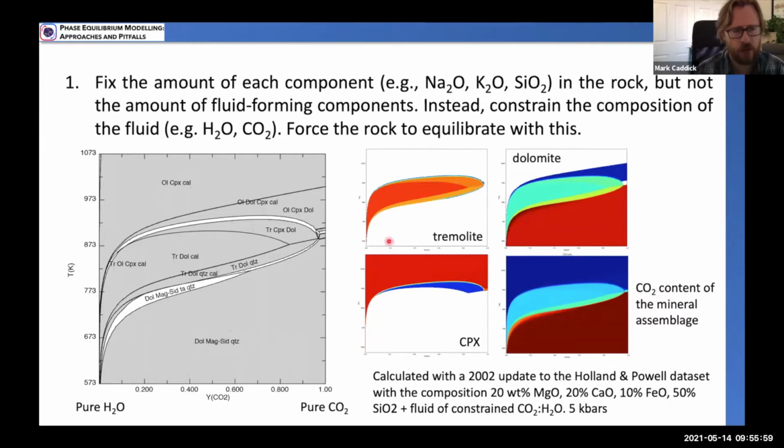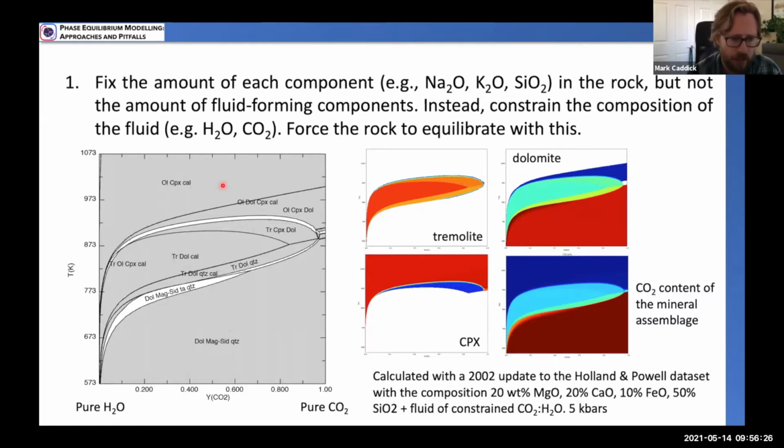And so, for instance, this wedge here is where tremolite would be stable. The red here is lots of dolomite, decreasing to lower and lower dolomite contents with increasing temperature, and that's into this field here.